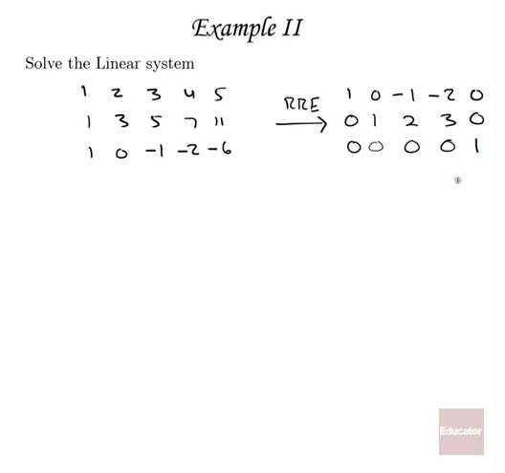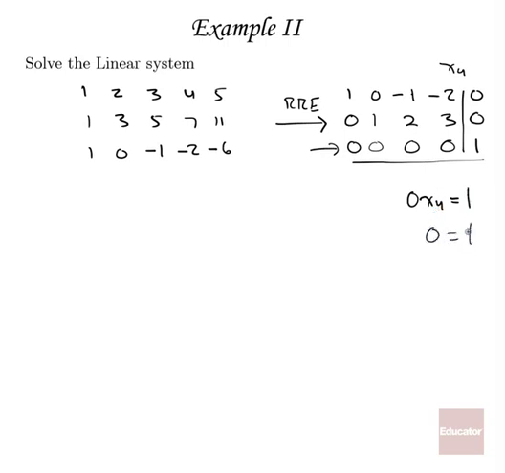Okay, let's take a look at this third row, 0, 0, 0, 0, 1. We know that this is our solution set, and this is our x, x1, x2, x3, x4. This is telling me that 0 times x4 is equal to 1. Well, 0 times anything is equal to 0.